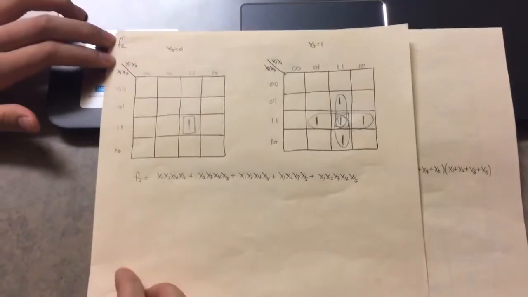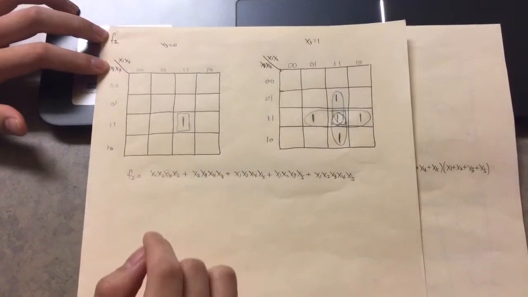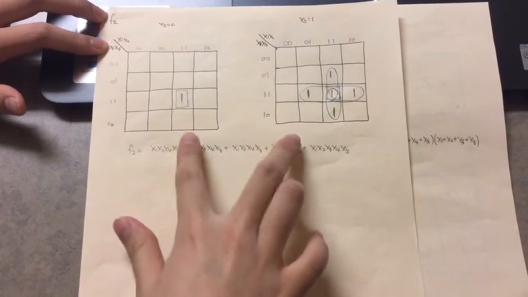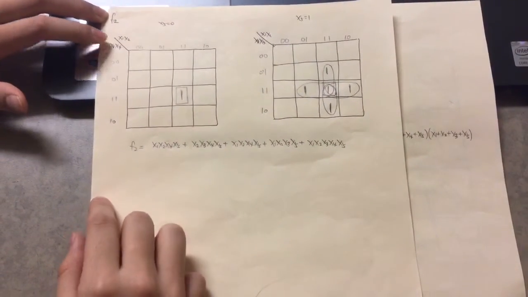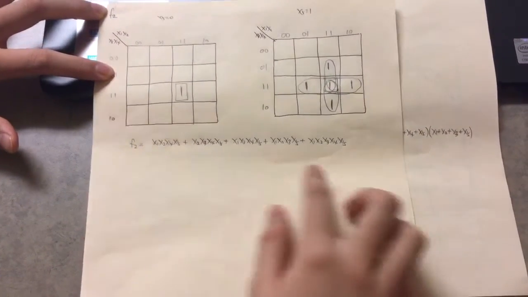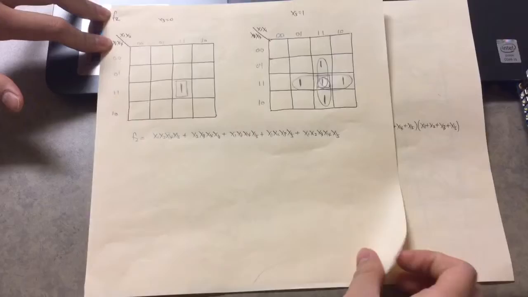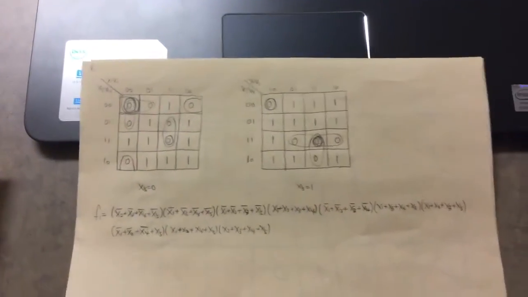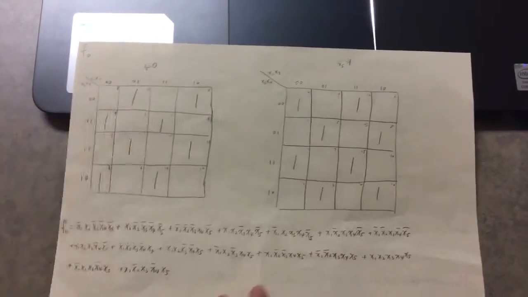This is for f2. Because I have 5 variables, I choose to separate it into 2 different k-maps. And I can write the expression for f2 here, and f1 here, and f0 here.